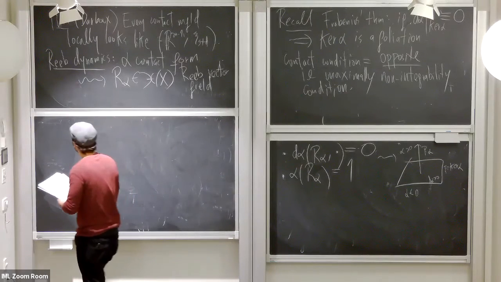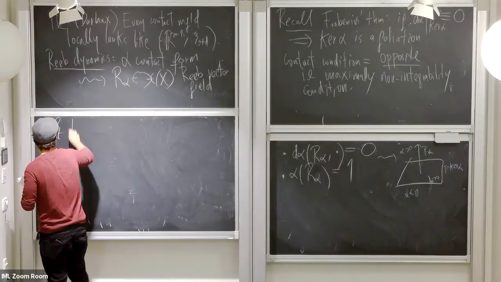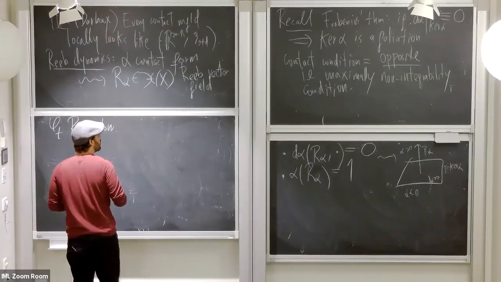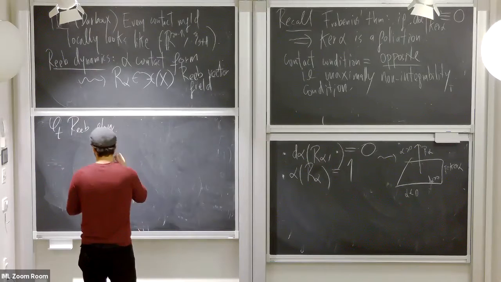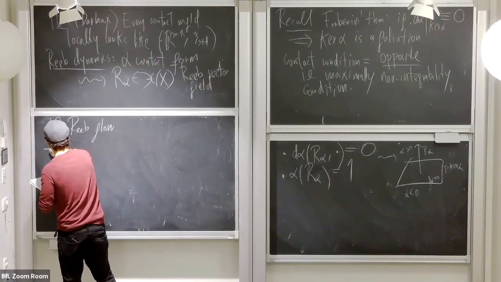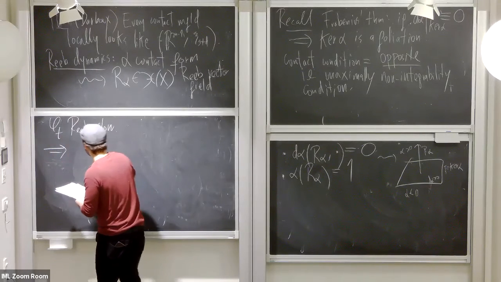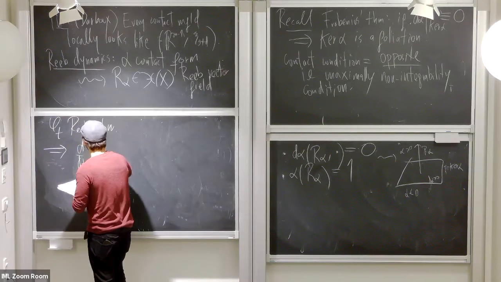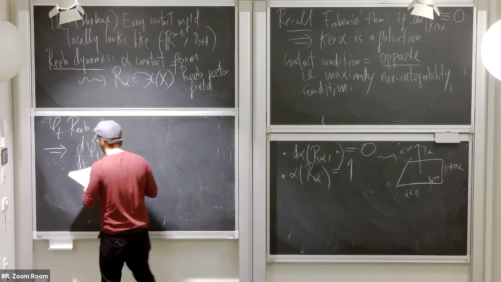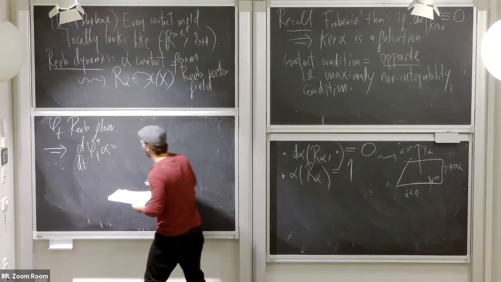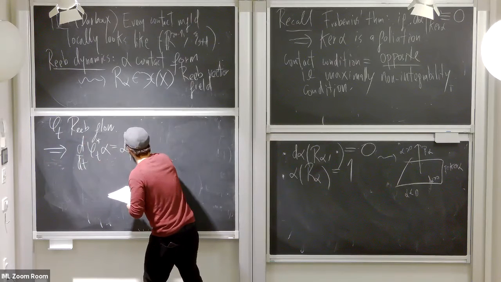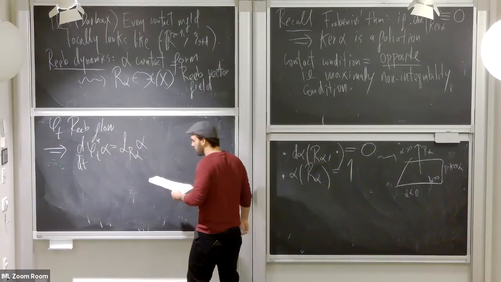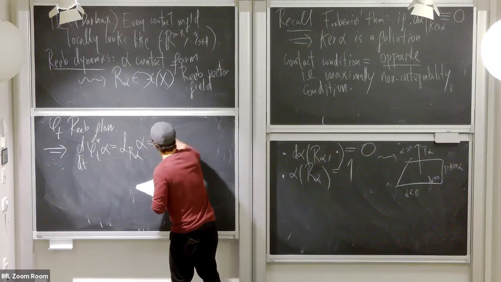Okay, so I can look at the Reeb flow phi t, which is the flow of R alpha. And what does it do to the contact form? Well, the main point is that it preserves it. You can use the Cartan formula to show this. This is the Lie derivative of alpha in the Reeb direction. So I use the Cartan formula here.